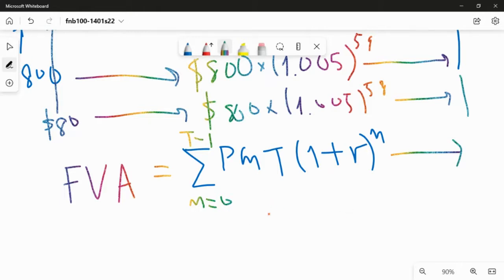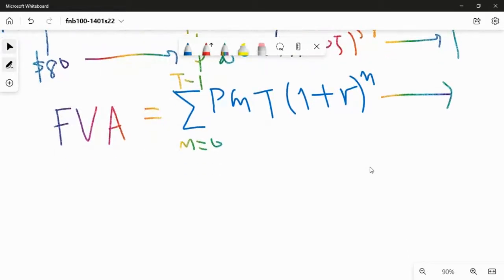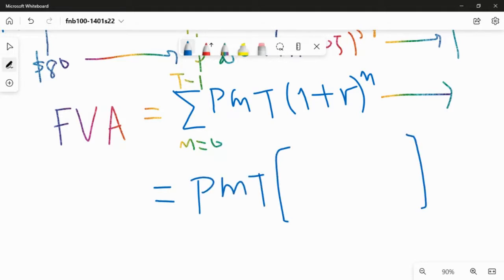But this is just the conceptual representation, and this can be transformed into payment times 1 plus r raised to n minus 1 over r. Okay, so this is the reduced form of this long sum.